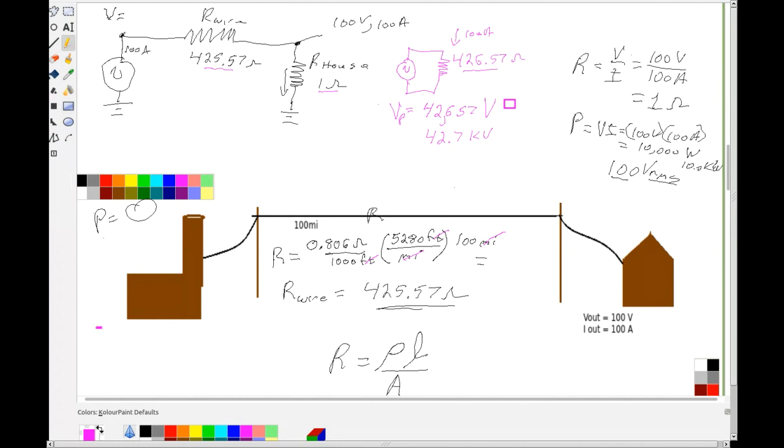Okay. So remember, power is V times I. So that's 42.7 kilovolts times 100 amps. Okay.